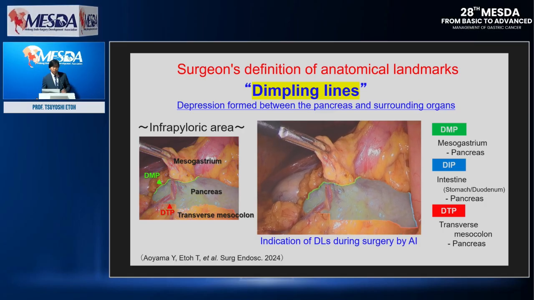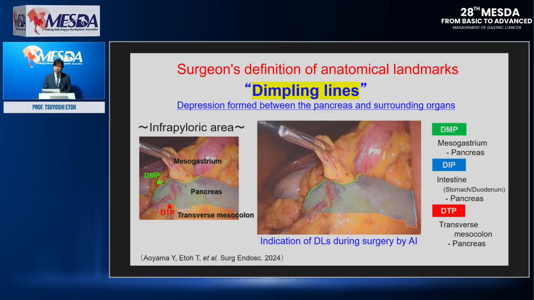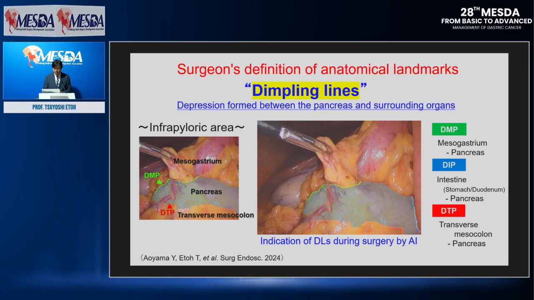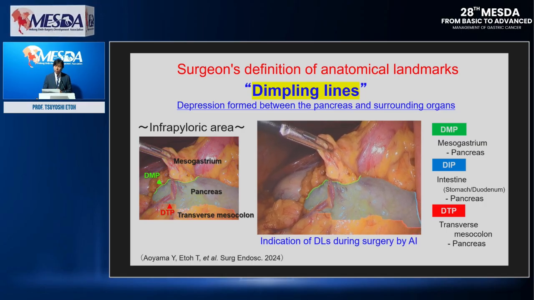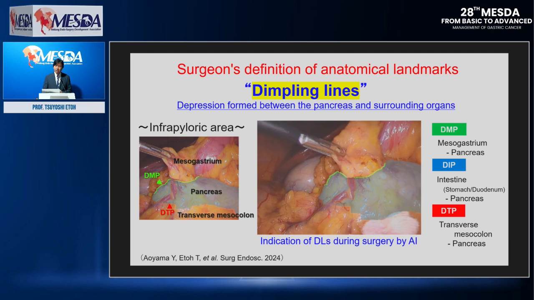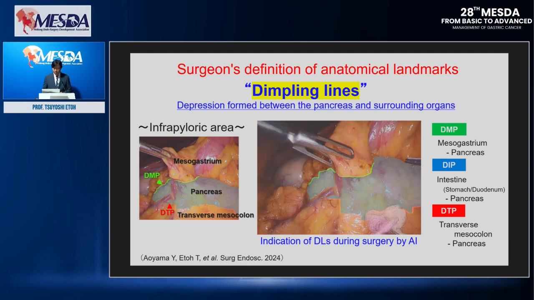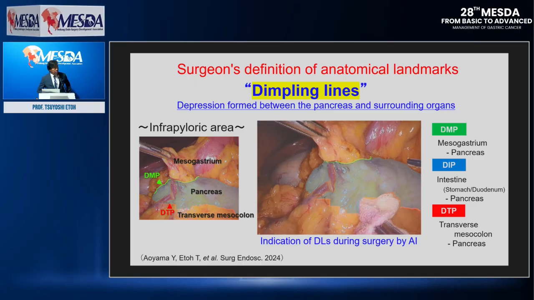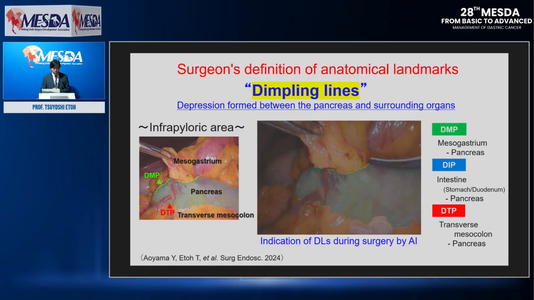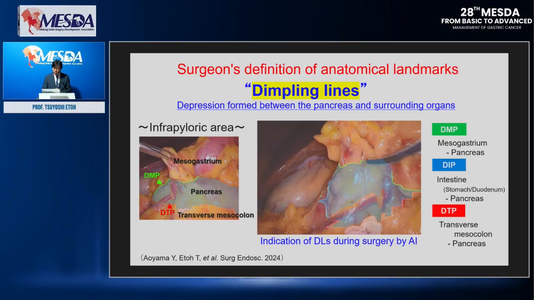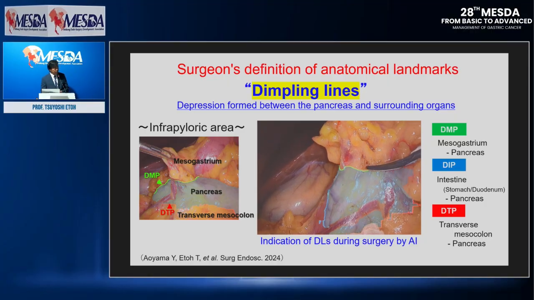The right side shows the indication of the dimpling lines. We developed the indication by AI, so we are at the research level now. The green lines we named the dimpling line between the mesogastrium and the pancreas.